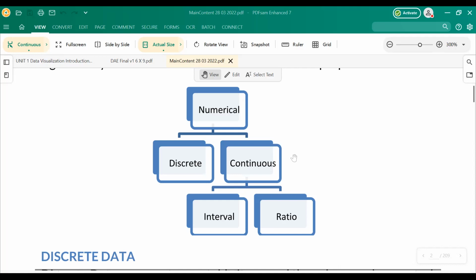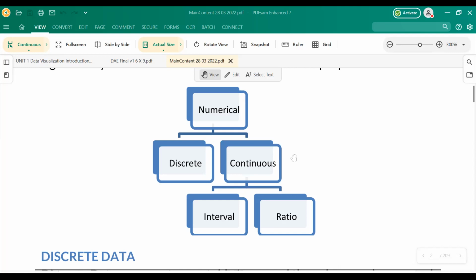You will not have anything between 5 and 6, or 6 and 6.5. That's called discrete data. Continuous data is where anything is possible. 5.99999 is also possible, 5.6666 is also possible. So generally, continuous data we represent as a continuous line.